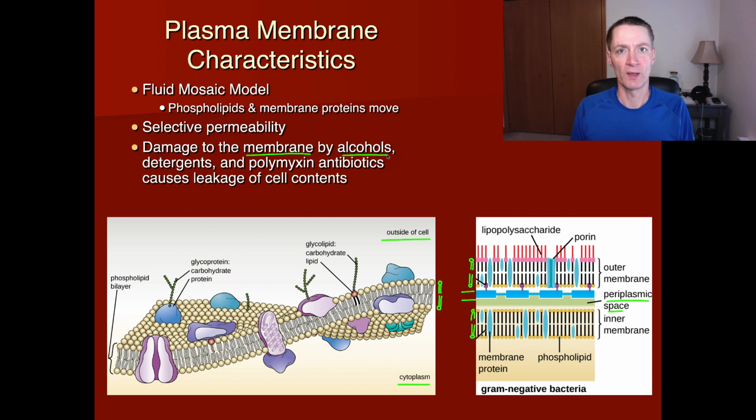So alcohols basically destroy the membrane and poke holes in the membrane. This is how 70% alcohol, if you use it on a bench top, or 70% alcohol on your skin, is killing bacteria. It's poking holes in those membranes, and now these cells can't control their own boundary.